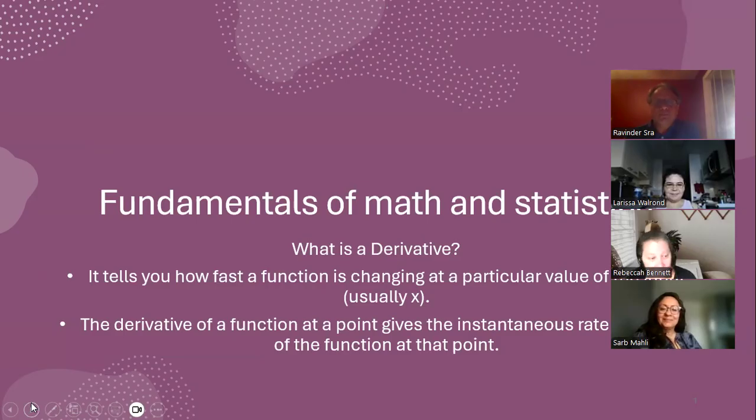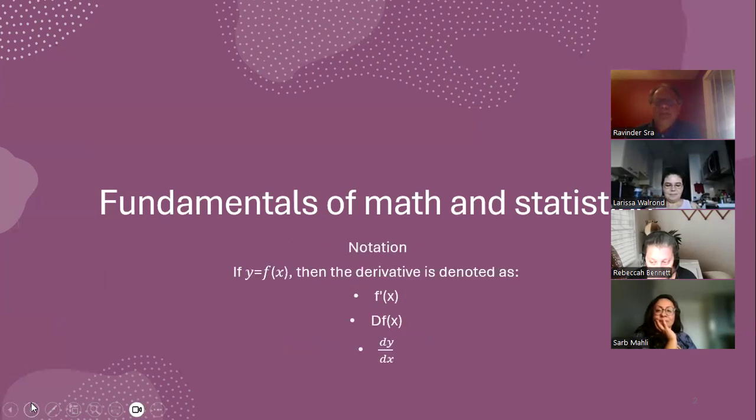And first is, what are derivatives? A derivative tells us how a function is changing at a particular value of x. The derivative of a function at a point gives the instantaneous rate of change of the function at any given point.